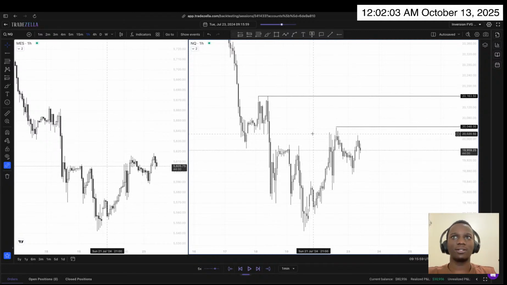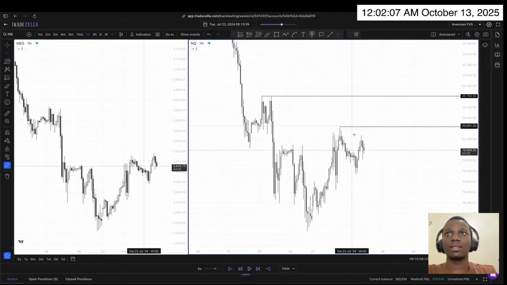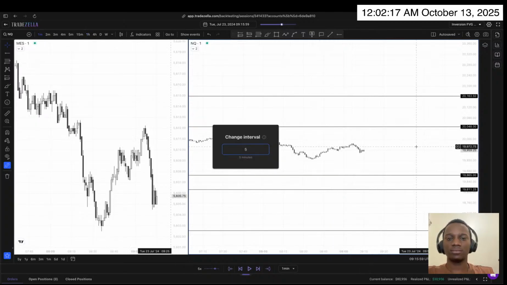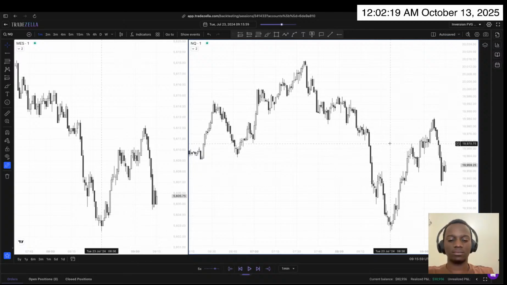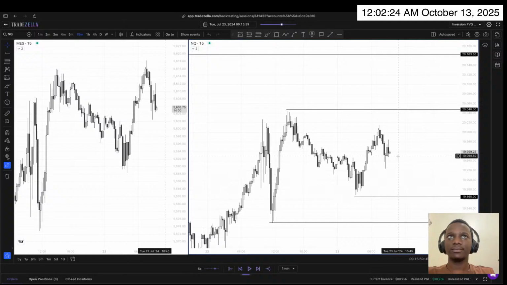SMT, we're in the 4 hour gap, 1 hour gap. So I think it's low here, and it's a 15-minute.